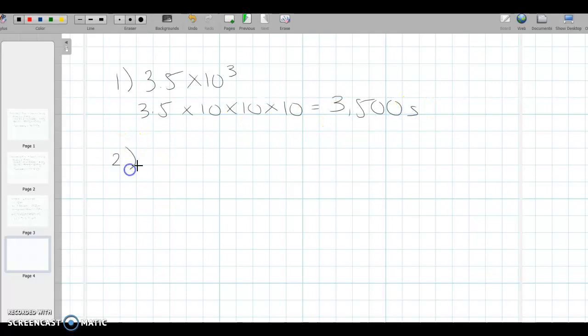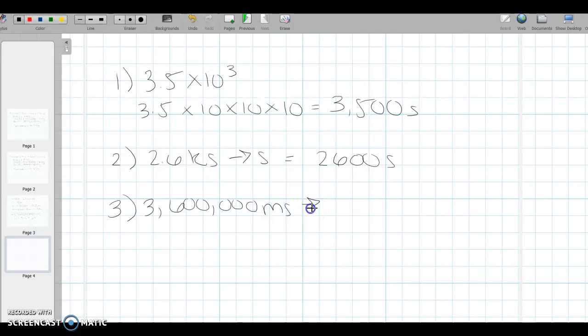Round 2 was 2.6 kiloseconds, and we need to convert that to seconds. Doing so, we get 2,600 seconds. Run 3 was 3,600,000 milliseconds, and we need to convert that to seconds, and we get 3,600 seconds.